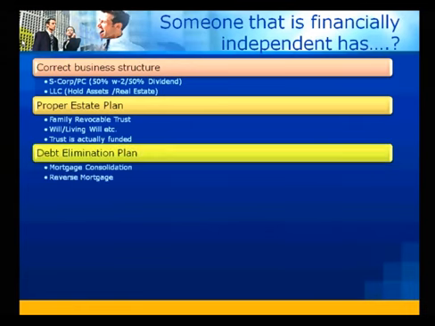Next, we want to make sure that we understand the difference between good debt and bad debt. The only type of debt that you can really write off is real estate. So we have a fundamental belief that you should get rid of all the debt that you have except a mortgage loan.